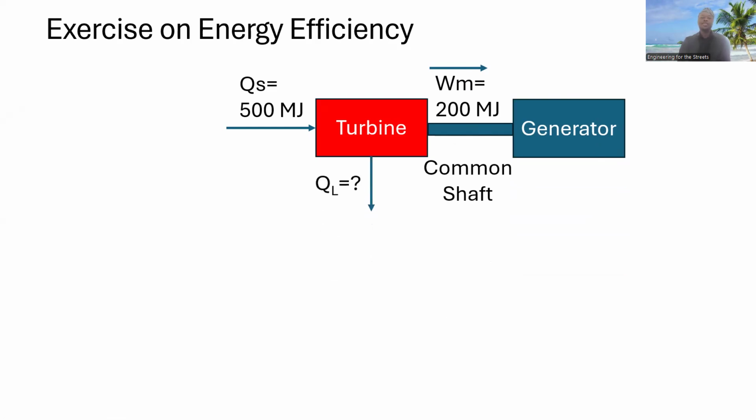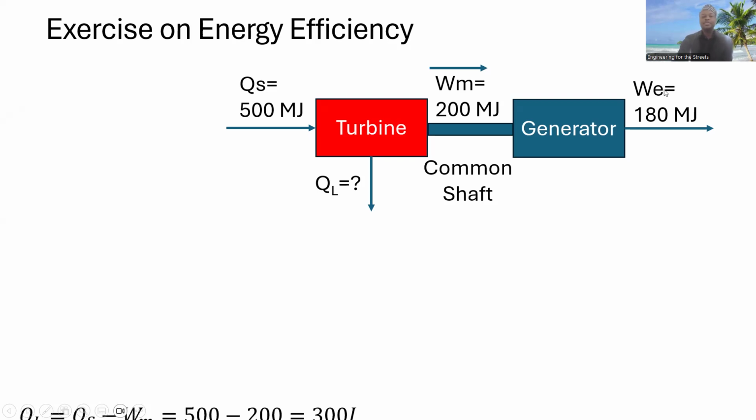First question says, we should calculate the energy dissipated on the low pressure side of the steam turbine. And we're also told that the generator generates 180 megajoules of electricity.